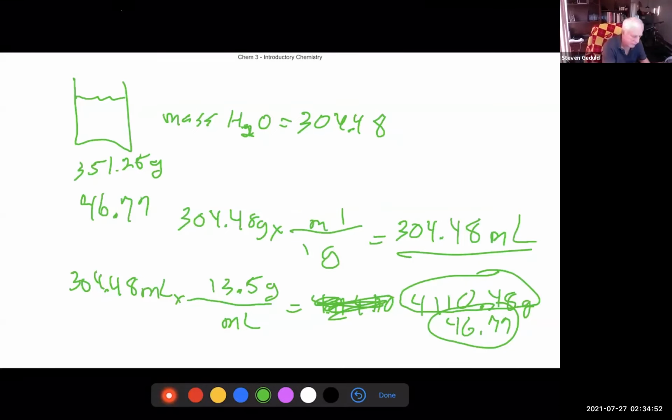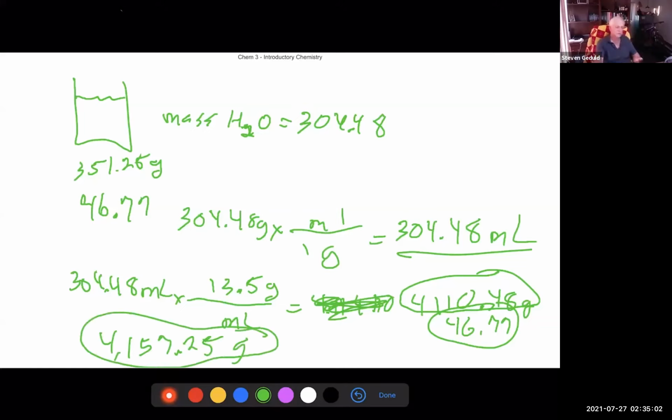Because it'd be the weight of the beaker and the weight of the mass, it would be 4,157.25 grams. That'd be the weight of the mercury plus the beaker. Because the beaker is not going to change, mass of the beaker. But the mass of the water is a lot different than the mass of the mercury, even though the volume is the same. Mercury is a lot more dense.